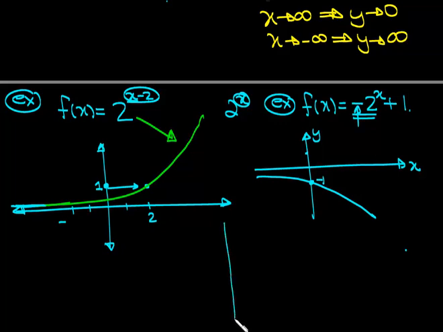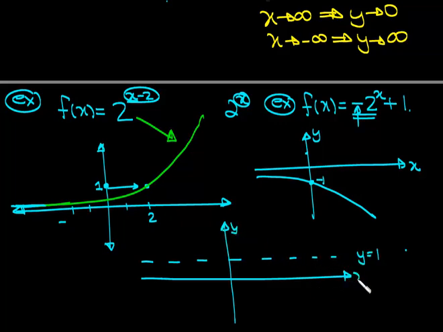So my final graph would look something like this. I would have an asymptote now at 1, and this point will become 0, so my graph would go like this. So here's a graph of this function, y is equal to negative 2^x plus 1.